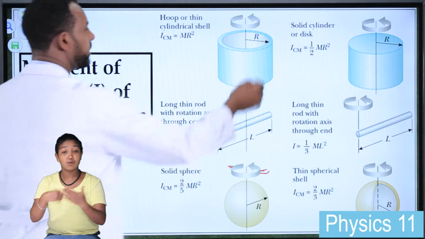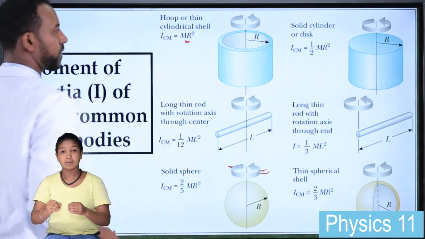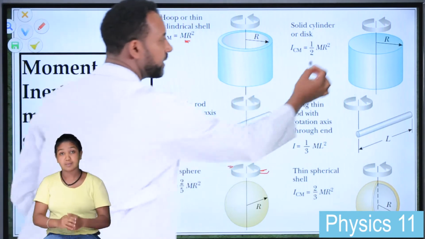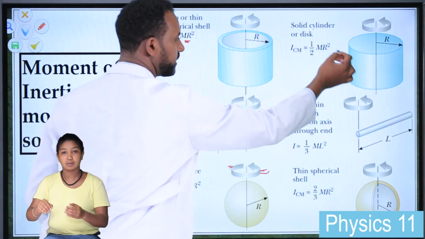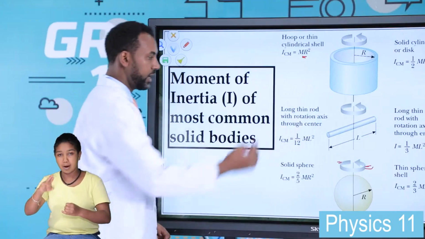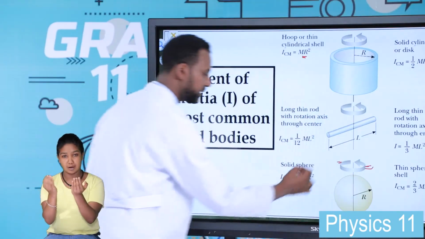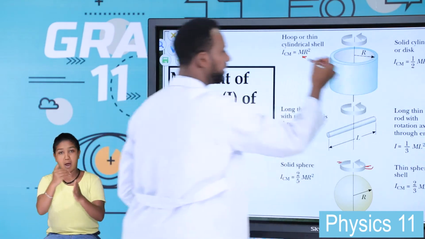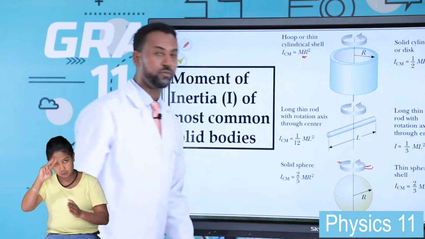The moment of inertia of the hoop or ring is mr squared. The moment of inertia of a disk or solid cylinder is 1 over 2 mr squared. And the moment of inertia of a sphere is 2 over 5 mr squared.